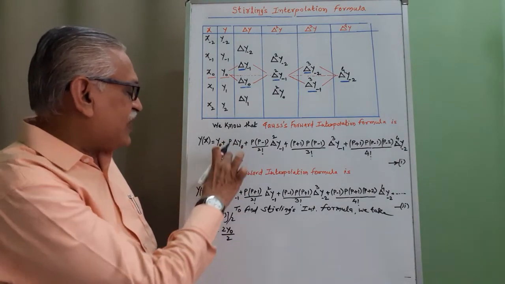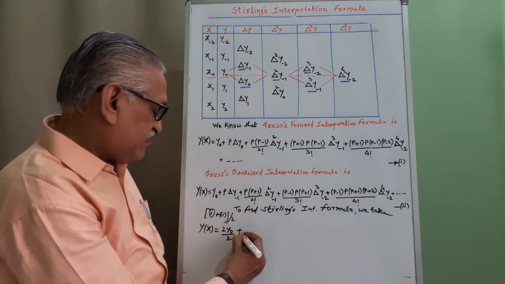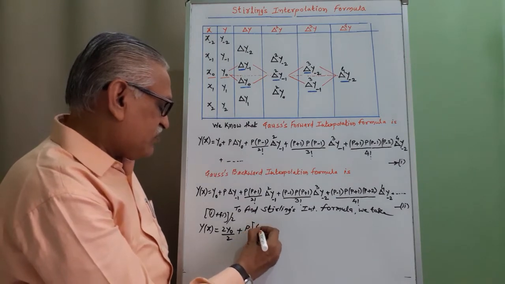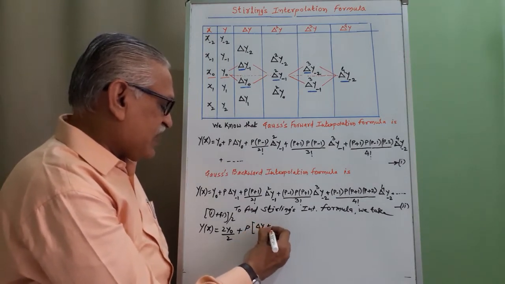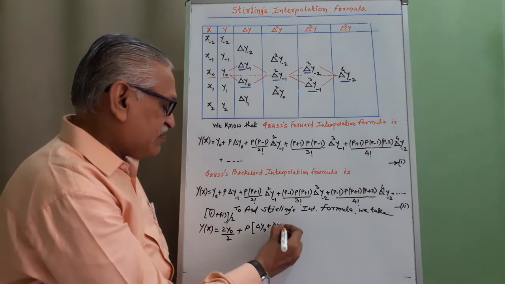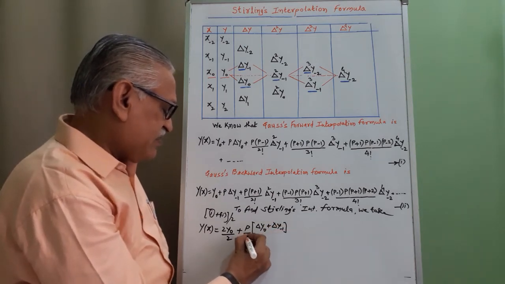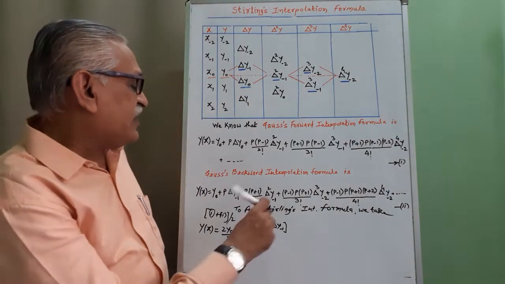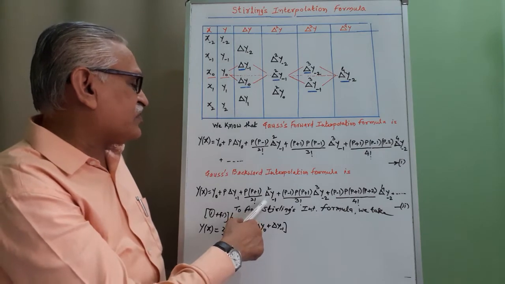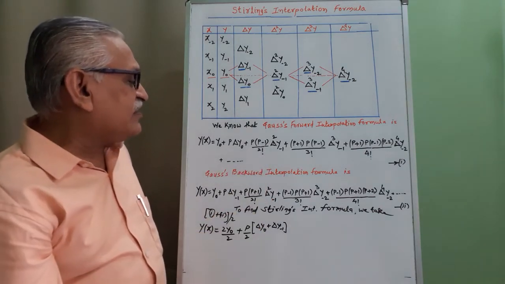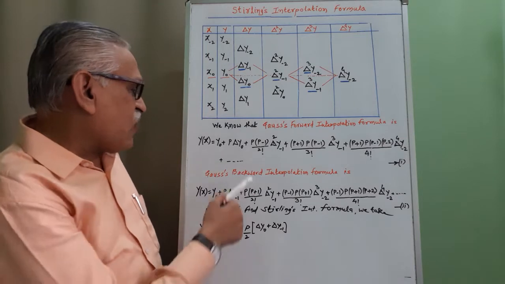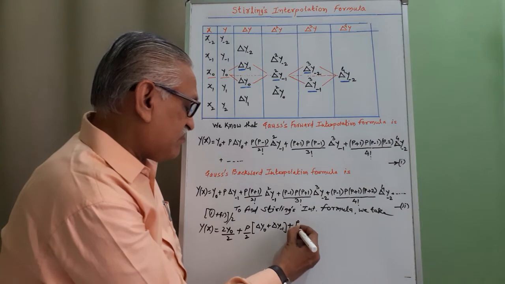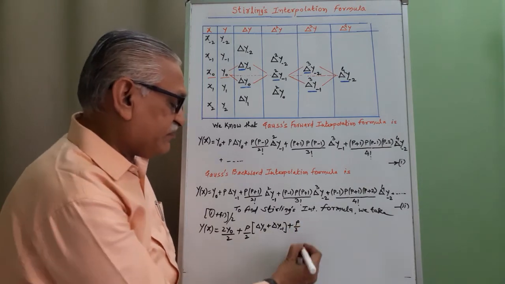While adding, p is common. Then the sum of the two terms, del y0 plus del y minus 1, divided by 2, is the average of those two terms. Then we add the next two terms and take their average. What is common here? p is common, and 1 by 2 factorial is common.